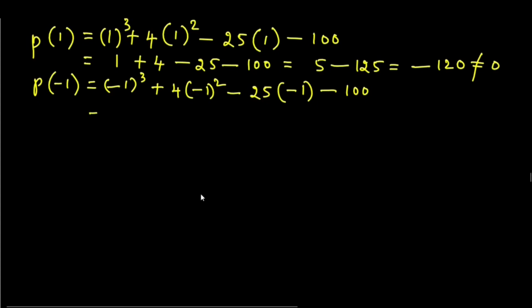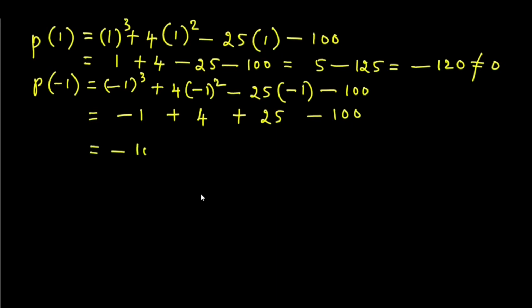This is equal to minus 1 plus 4 plus 25 minus 100. This is equal to minus 101 plus 29. This is also not equal to 0.